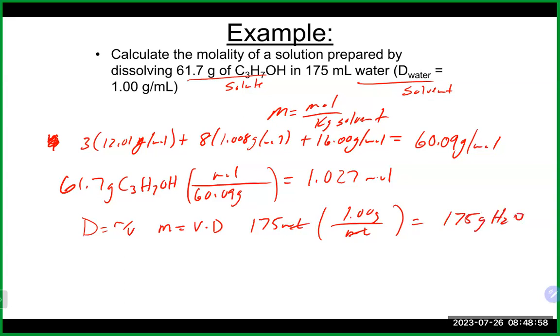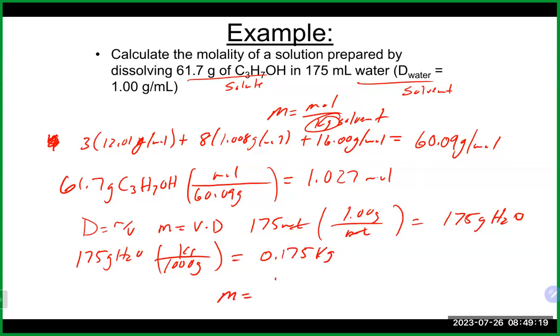Remember, though, that when you use the molality equation, it is kilograms and not grams. So I have to do a little conversion there, dividing by 1,000. Take 175 grams of water, there are 1,000 grams in a kilogram, which gets us 0.175 kilograms.